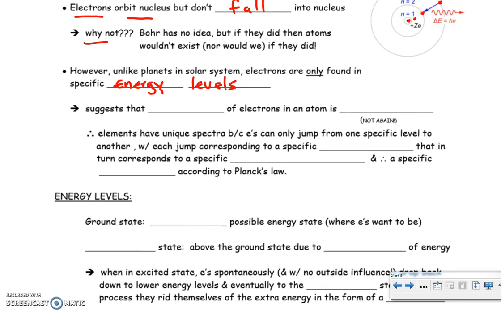And the consequence of being in specific energy levels suggests that the energy of those electrons is quantized. And I write below that, not again. So here is yet another phenomenon in nature where things only come in specific amounts. Earlier we saw it was charge, and then a day ago we saw that the energy of a photon only comes in certain values, and now Bohr is suggesting another quantum idea.